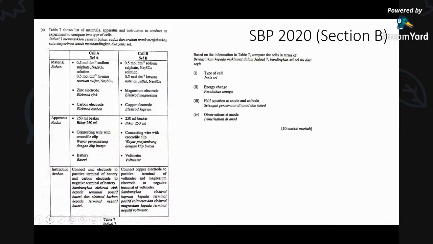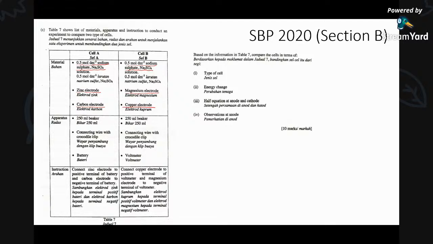Table 7 shows a list of materials, apparatus, and instructions to conduct an experiment to compare two types of cell. So you have cell A and cell B. You have sodium sulfate, the same concentration of sodium sulfate. You have zinc electrode and carbon electrode, and over here you have magnesium electrode and copper electrode.